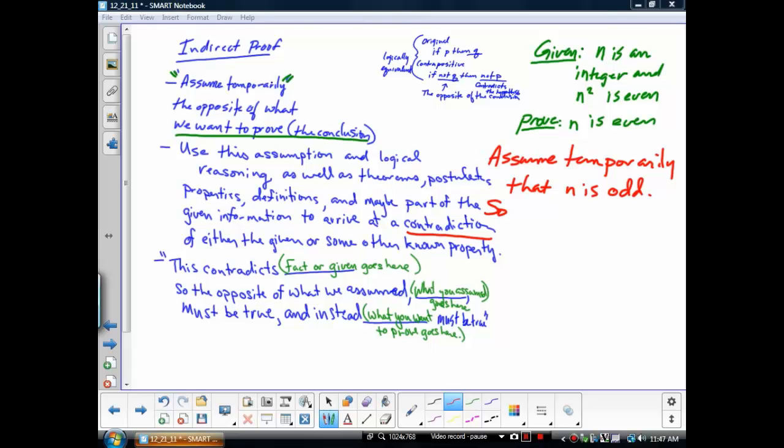What happens if we go odd number times odd number? We're using logical reasoning. You get an odd number. So if n is odd, then n times n, which is n squared, will be odd times odd.